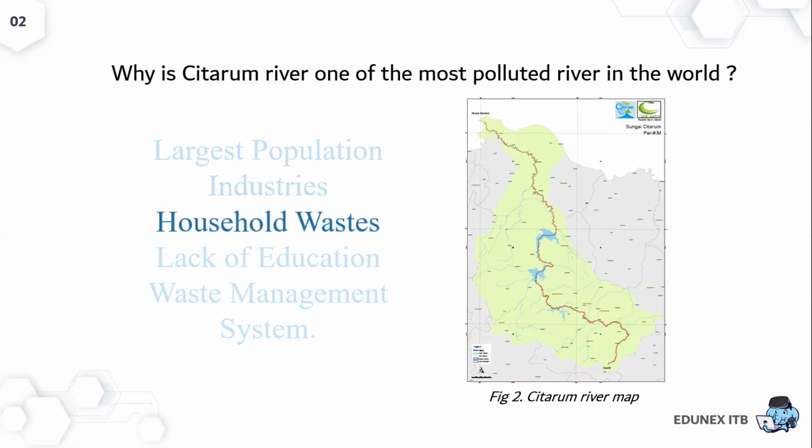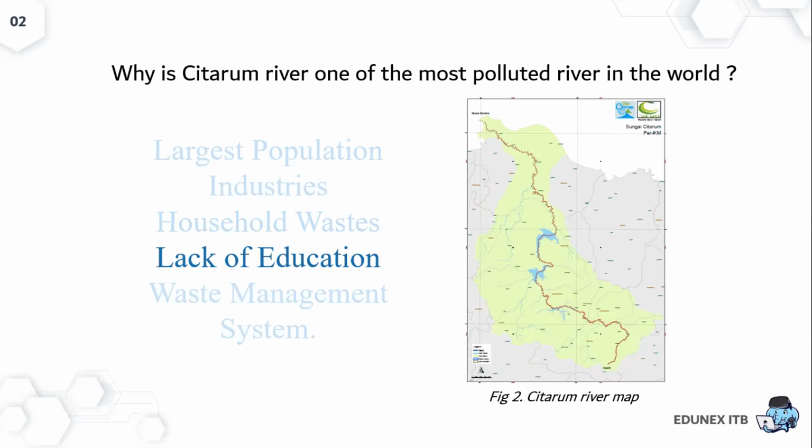Then reason number 3 is household waste, which is produced in large amounts by settlements that do not have land permits or belong to the state and are not covered by the national garbage disposal system. So they throw the garbage into the river. And then next, there is lack of education.